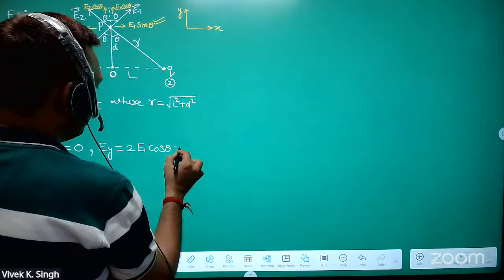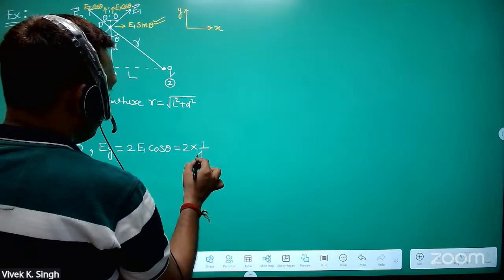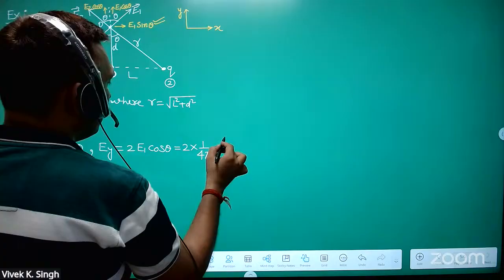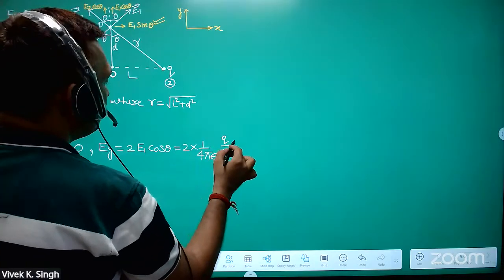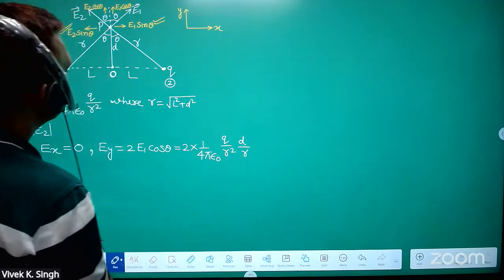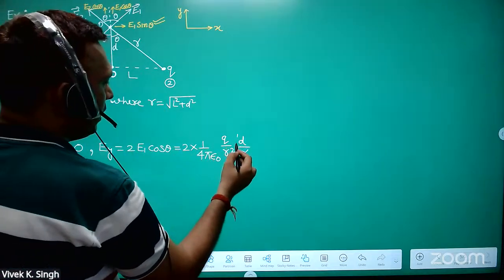So E1 is 1 by 4 pi epsilon naught q by r square. And what is cos theta? Cos theta is d by r.